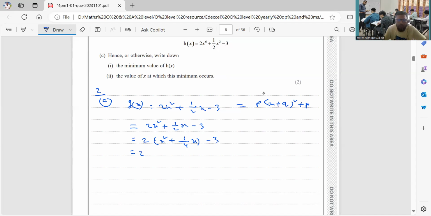There are two formulas for completing the square. The first formula is for x squared plus bx. If you get the form x squared plus bx, the formula is x plus b by 2, whole square, and minus b by 2, whole square.